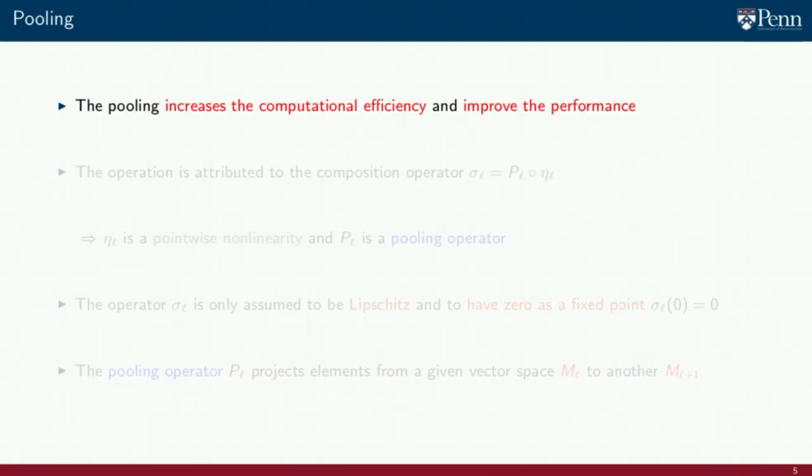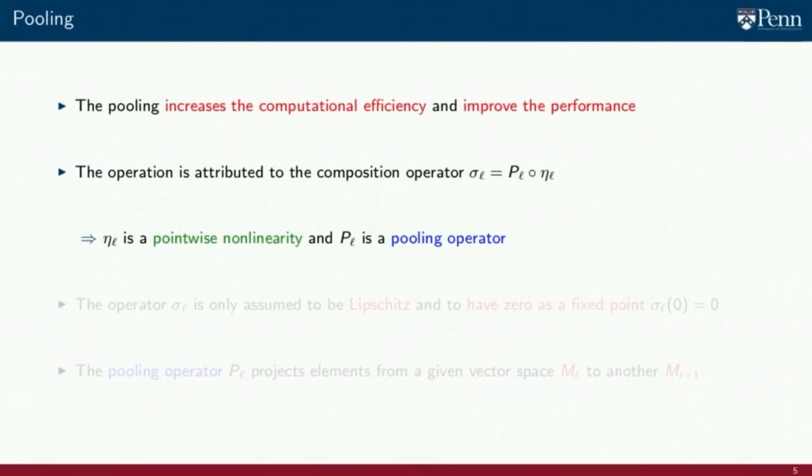The pooling operation is meant to increase the computational efficiency and to improve the performance. In a general algebraic neural network, this operation is attributed to the operator sigma sub L, which is the composition of the operators eta sub L and p sub L, where eta sub L is a pointwise nonlinearity and p sub L is a pooling operator.